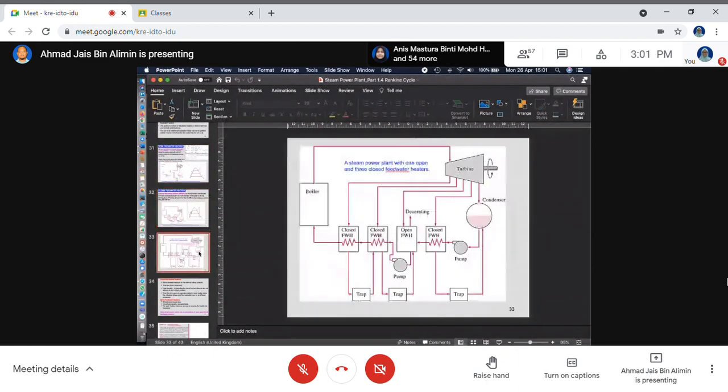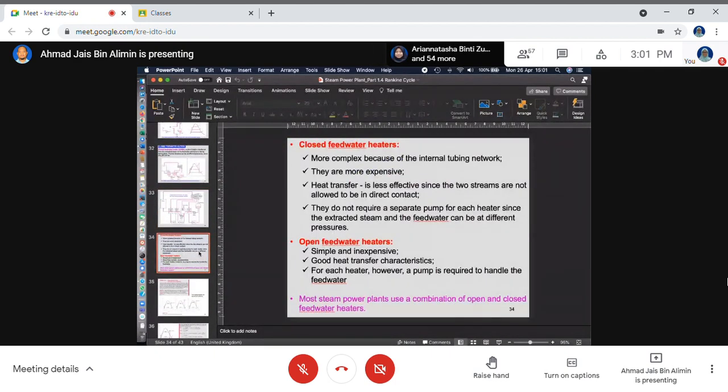Okay, open close system. Okay, yang ni pun kena tahu juga, sekali diingatkan the differences between open system and closed feed water heater system. Okay. Put it as a to help you to get more marks when you do this kind of answer.